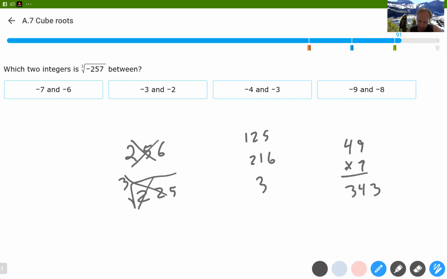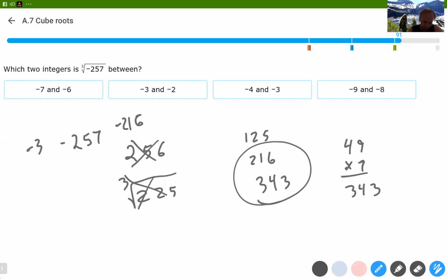There's the one we need. So it's between these two, isn't it? So we're between negative 216 and negative 343. And it looks like it's between negative 6 and negative 7.